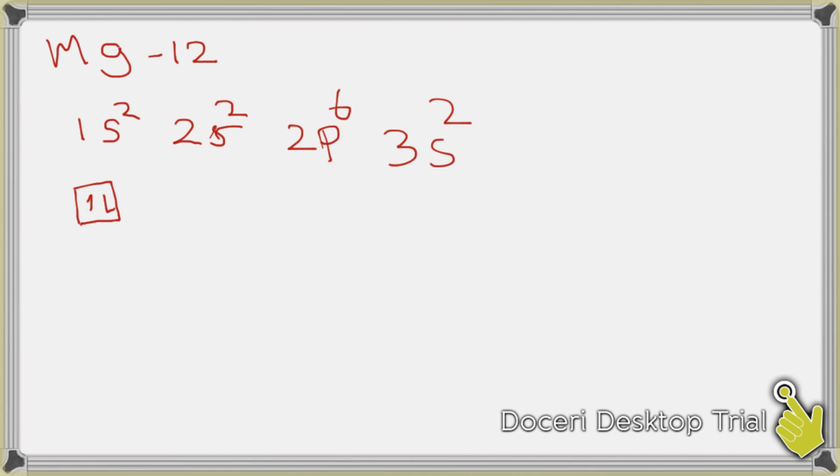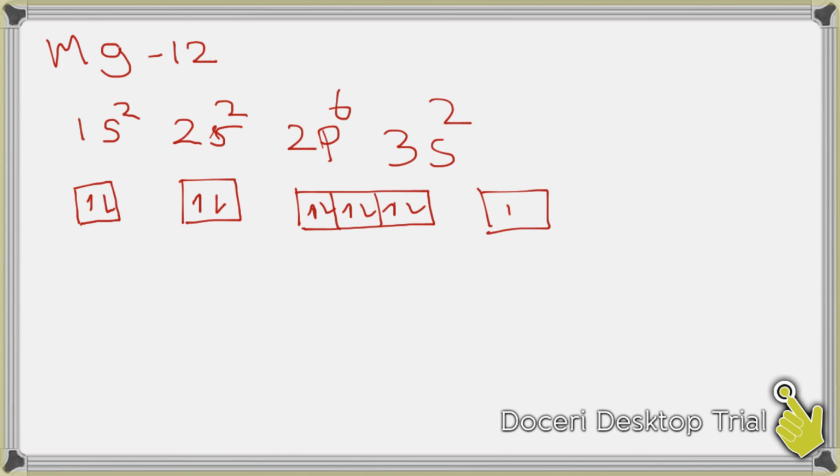So this is 1s2. You go to 2s2. 2p6, you have 1, 2, 3 orbitals. Up first. So Hund's rule says that when electrons fill, they fill singly first and then pair up. This is how you write the orbital diagram.